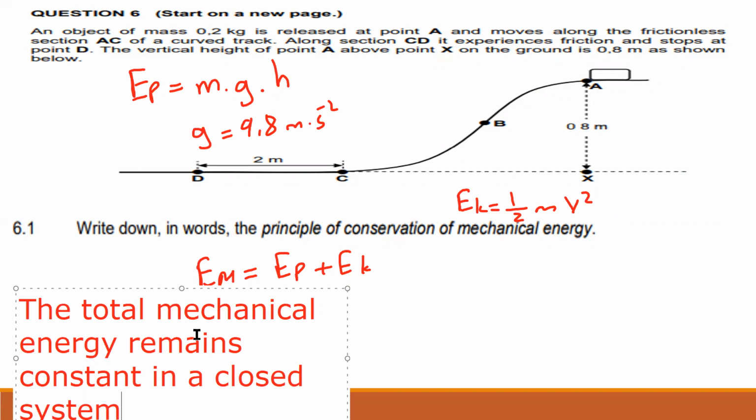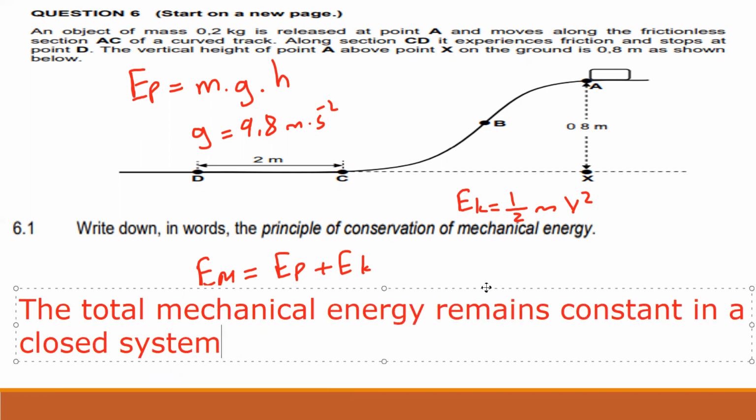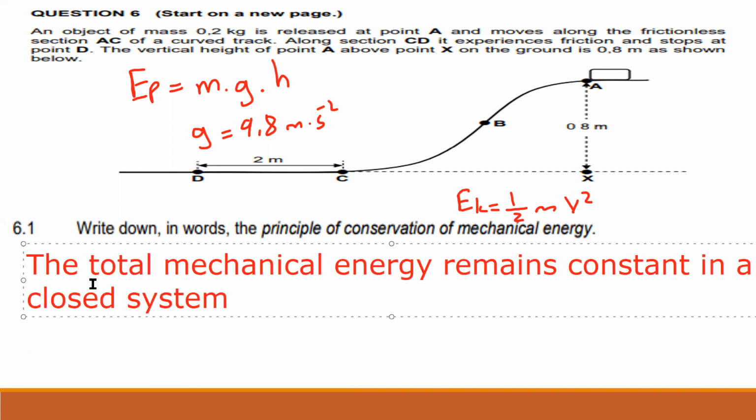So this is our conservation of mechanical energy. It is very important for the final exam, people. Total mechanical energy remains constant in a closed system. Please remember conservation of mechanical energy. We know mechanical energy already. What was the mechanical energy?